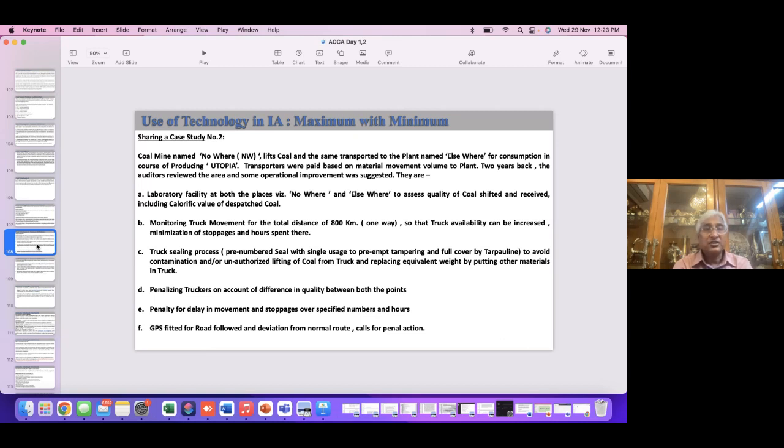Transporters were paid based on material movement volume to the plant. 2 years back, the auditors reviewed the area and some operational improvements were suggested.